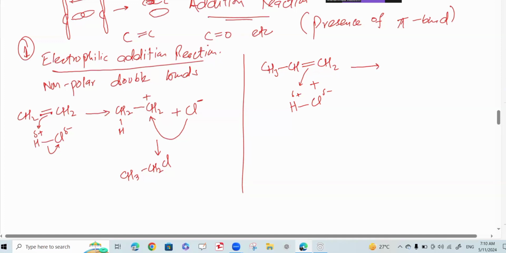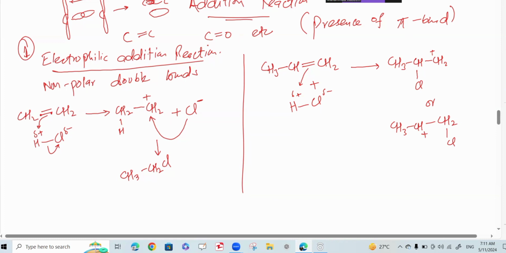So now there are two types. One is CH3, CH and chlorine, and then CH2, it will have a plus charge, or CH3, CH, this will be CH, okay, it will not become CH2, CH2 and chlorine, it will have a plus charge.